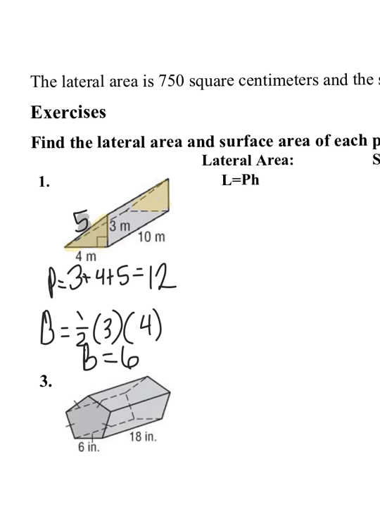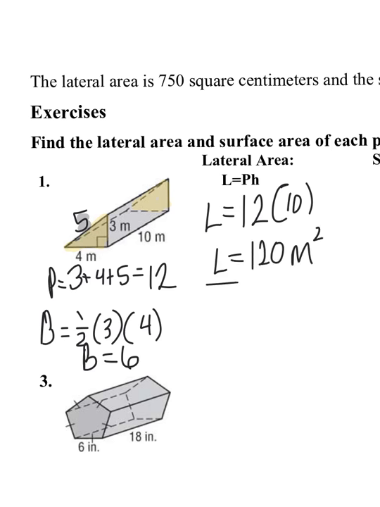So the lateral area equals perimeter of the base, which is 12, and the height of the prism. The height of the prism is the side that's not part of the base. In this case, it's 10. Okay, so the lateral area equals 12 times 10. Lateral area is 120 meters squared.